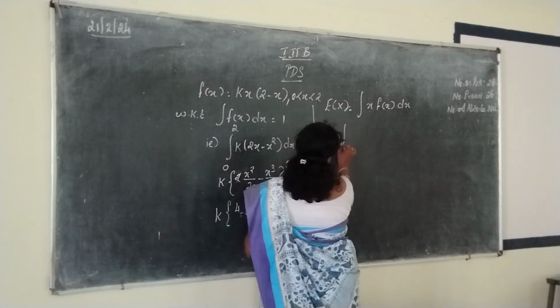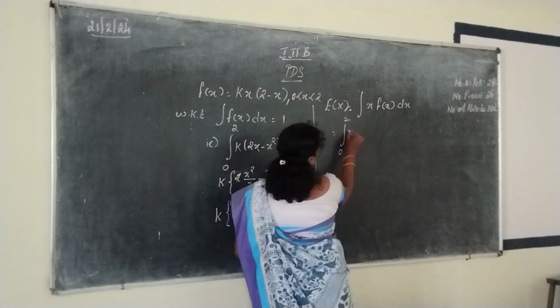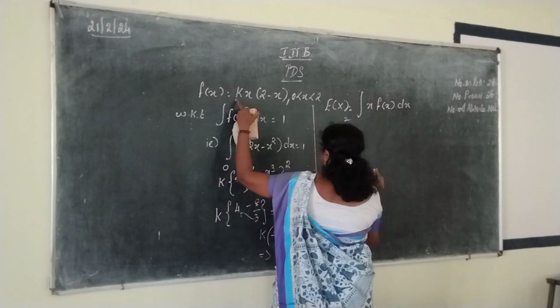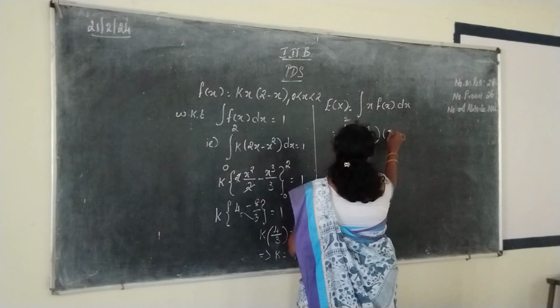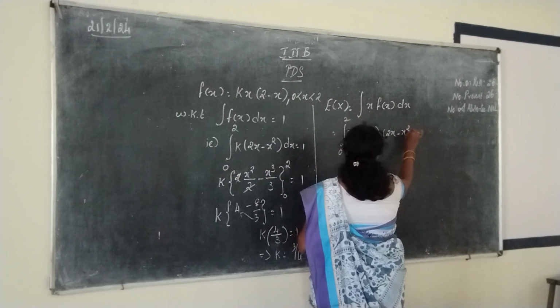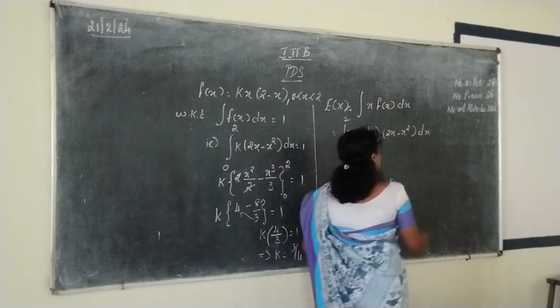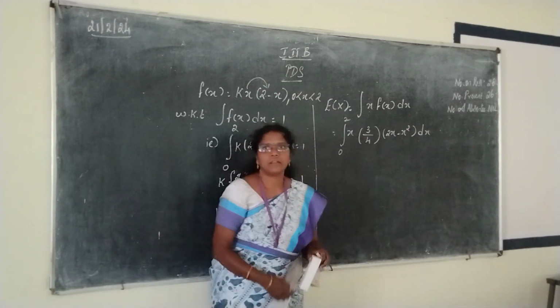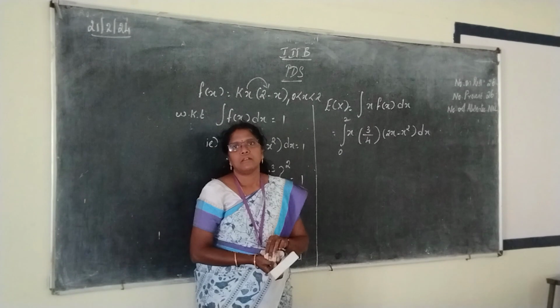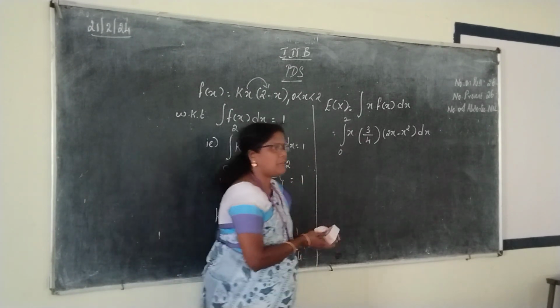The limit is 0 to 2, x into f of x, where k is 3 by 4, into 2x minus x square into dx. So we multiply this x inside. Before integration we take 3 by 4 outside.